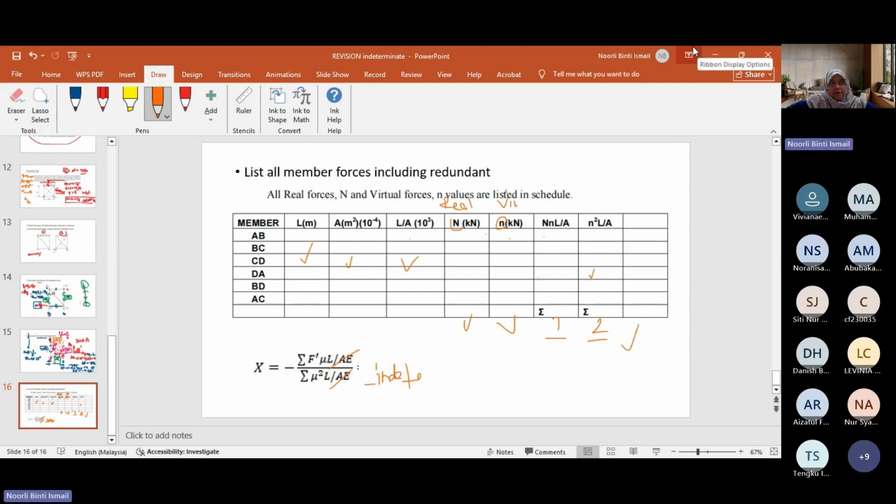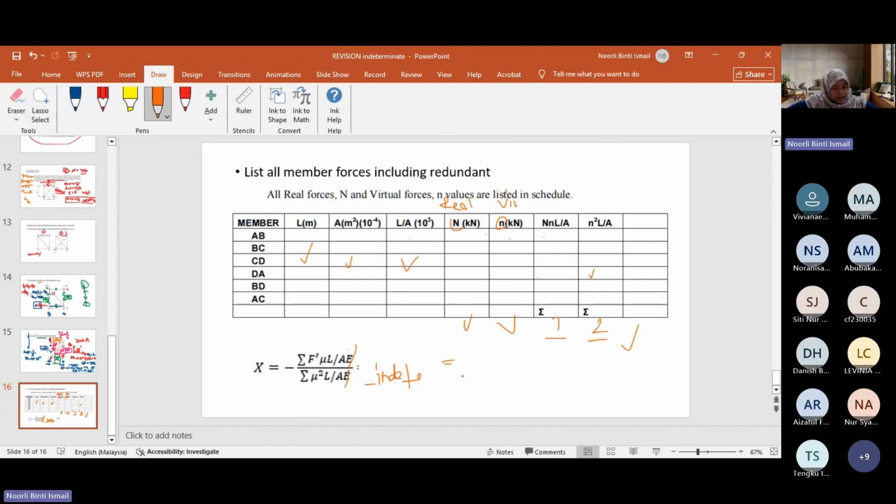Because of the same area. And then we use E, same E also, can cancel. But just now we already did L divided by A, so we just cancel E. Now you will get the value.